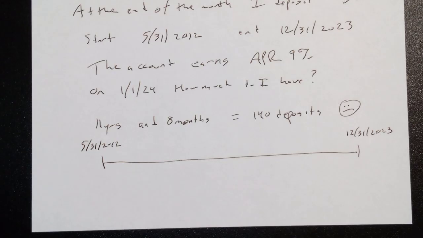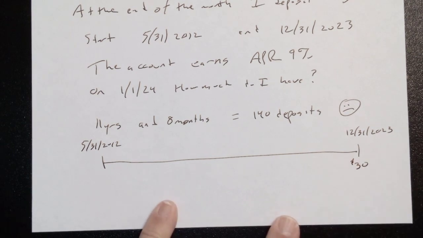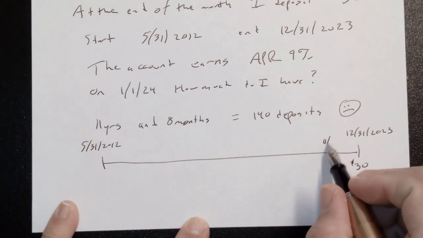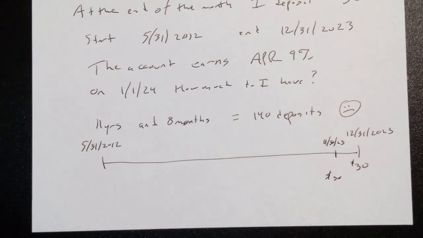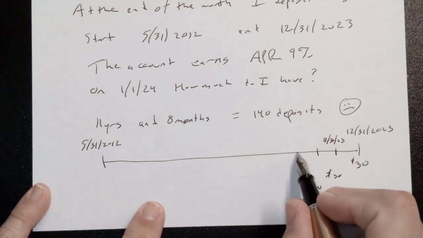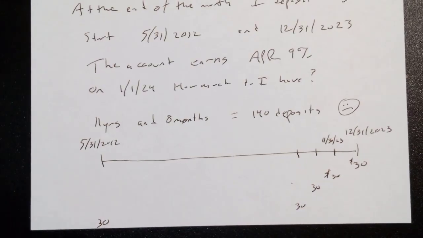So on December 31st, 2023, I stuck $30 in the bank. I made a deposit right there. 1 month earlier, I made a deposit. A month before that, all the way back to there, right?